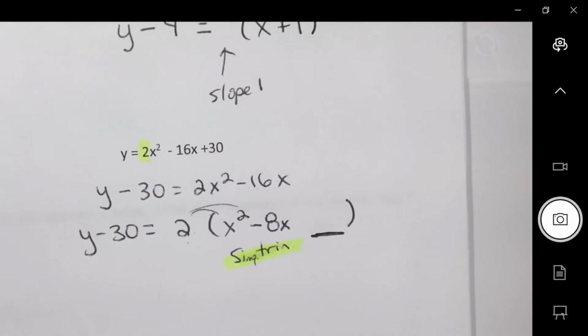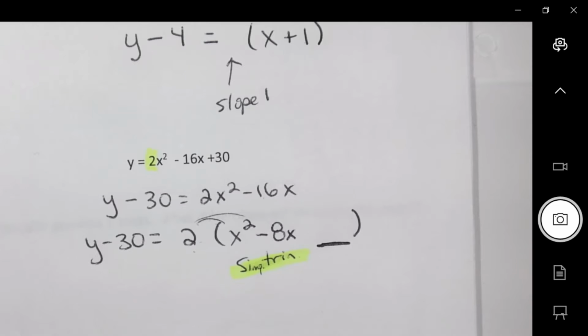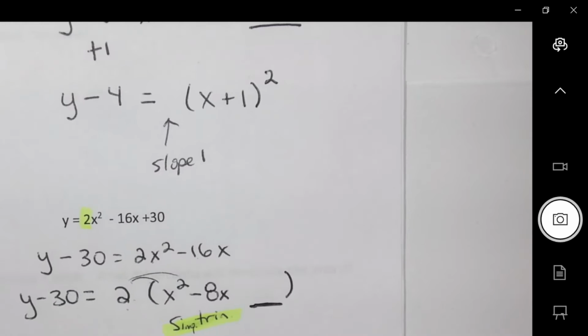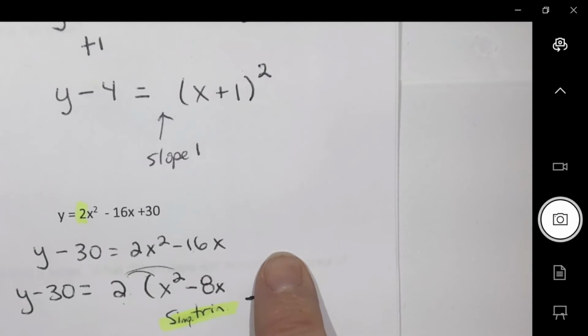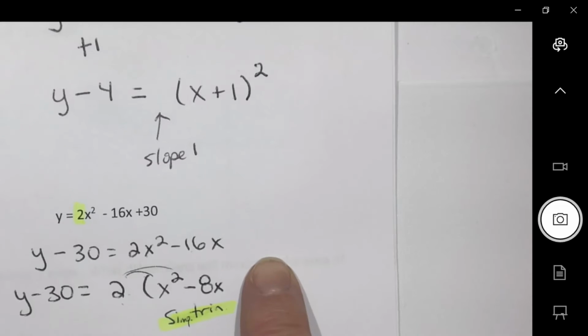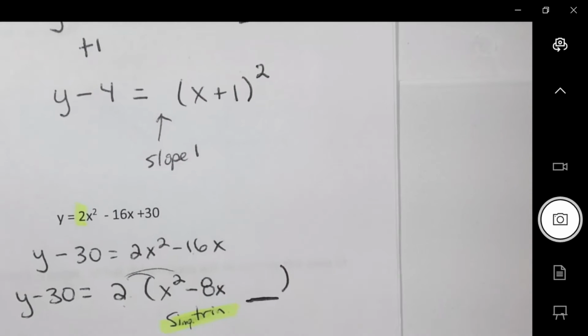So don't ever complete the square unless you're doing it with a simple trinomial. I'm saying this a bunch because I get a lot of mistakes and people write me plus 64 on this question. That's not at all what you're doing. Do not think to write a plus 64 at the end of this, because you can't work with that, because that would not have been a simple trinomial.